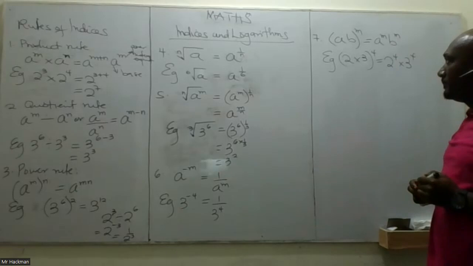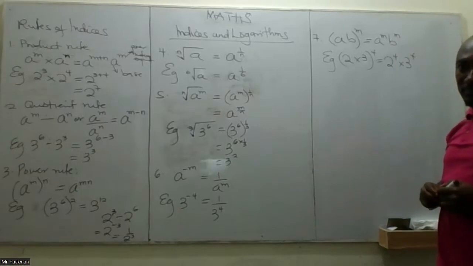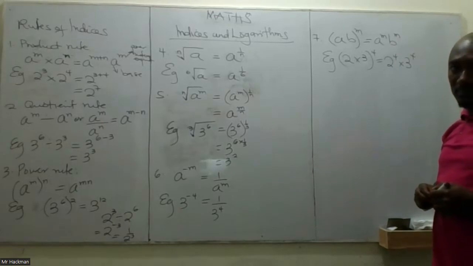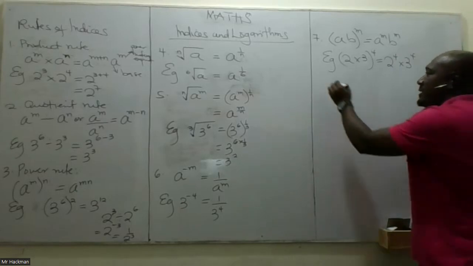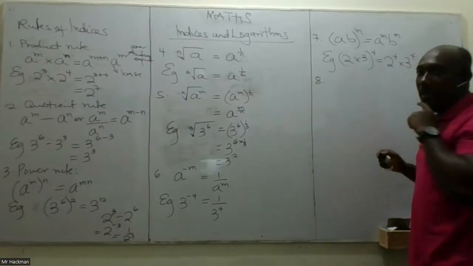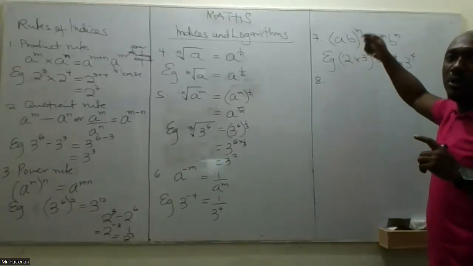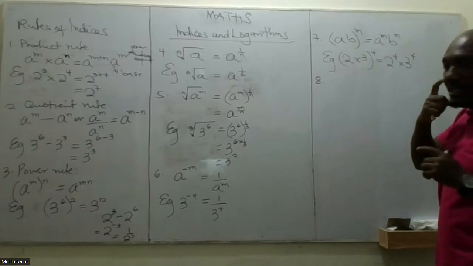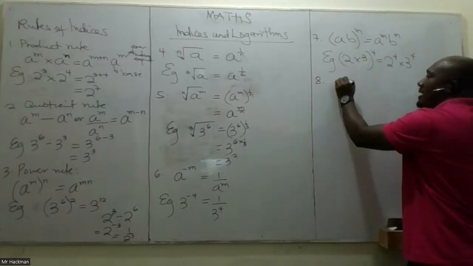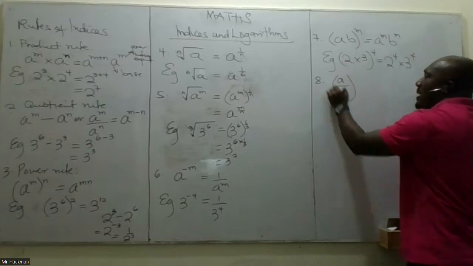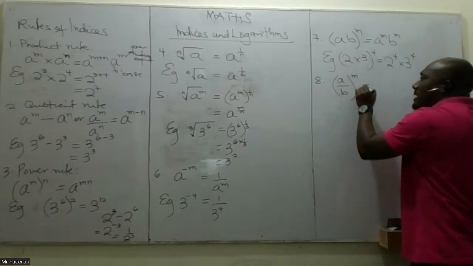Point well made. Yes, please. Okay, now rule 8. This time round, the numbers that I multiplied, I am going to look at them as a division or quotient. So I will look at a over b, also to the power of m. What will this be equal to?